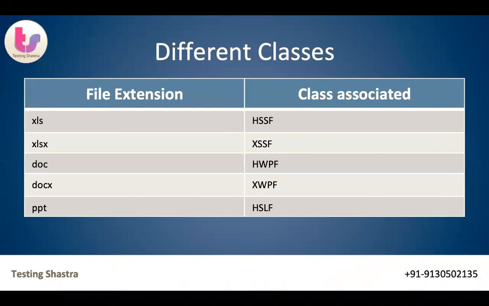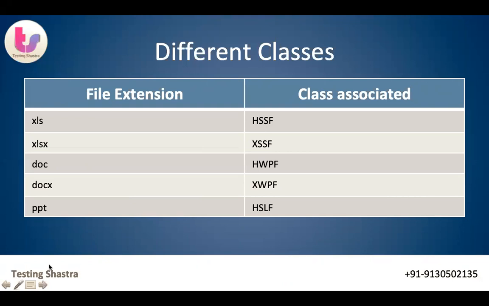These are not the only classes. Apache POI has certain other classes also which will be helpful for us to write code. But this is the kind of introduction, and these are the different extensions and the different classes associated with those files.